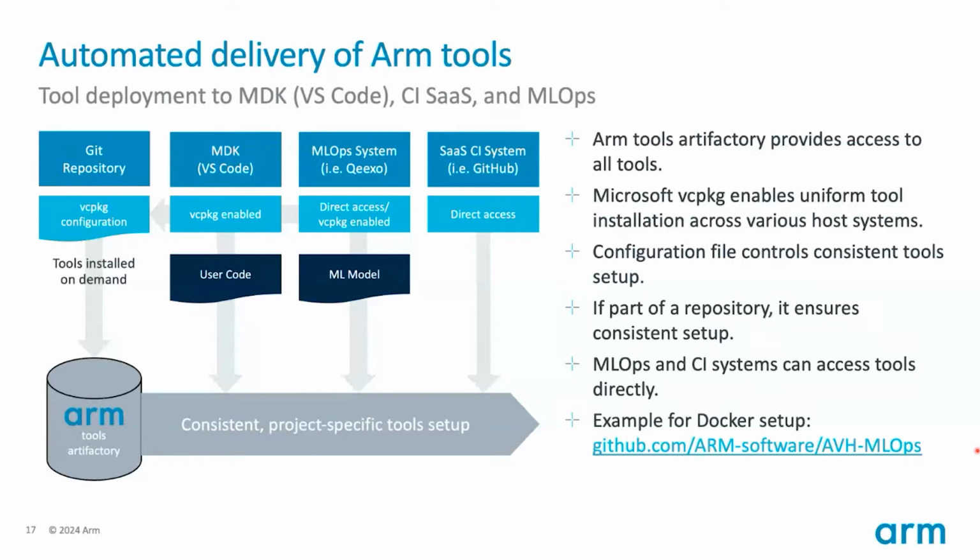This ensures a consistent tool setup that can be reproduced, for example, in 5 years' time, when you need to fix a bug that happened in the field and you need to recreate your whole development environment with the SAMSys toolbox. And this way of delivering tools is really easy.